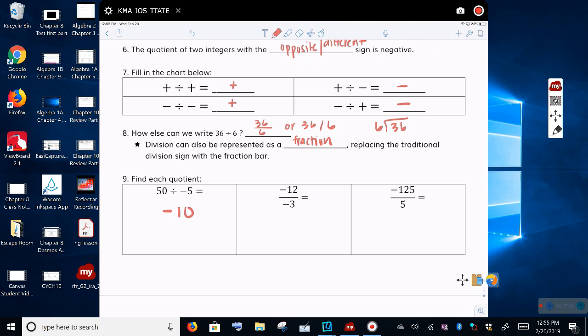This is saying -12 divided by -3. A positive 4. Same signs, they are going to be positive. What about this one? I'm dividing a negative by a positive. Is my answer going to be positive or negative? Negative. And what is that answer there? 25.